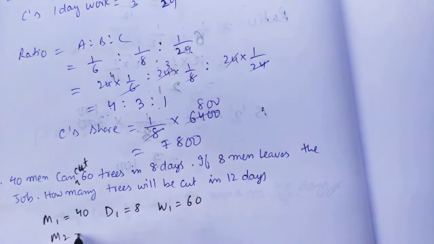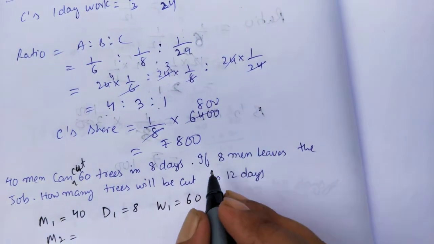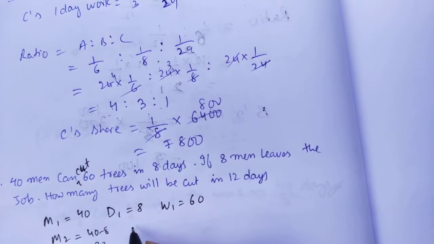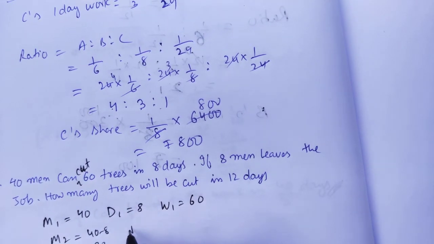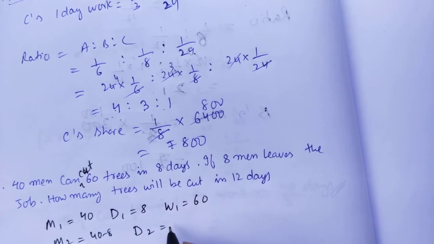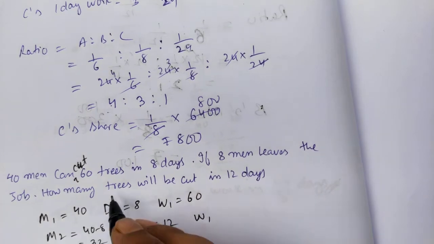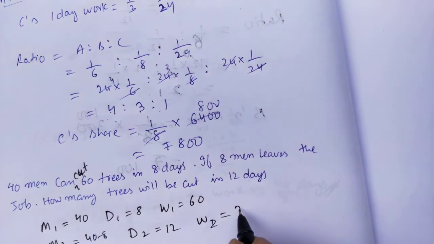And M2, if 8 men leave the job, what will be the M2? 40 minus 8, that is 32. D2 is 12 days, and W1, the question is how many trees, so W2 is how many trees, so question mark.